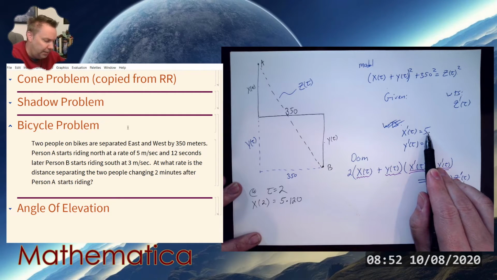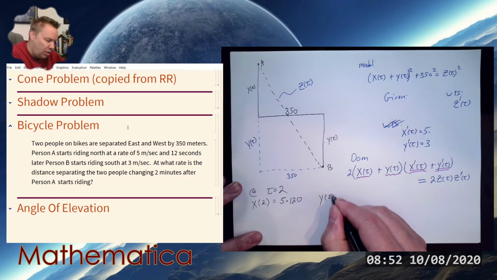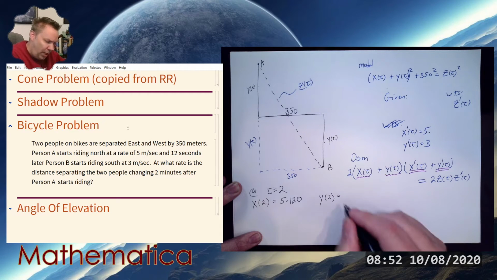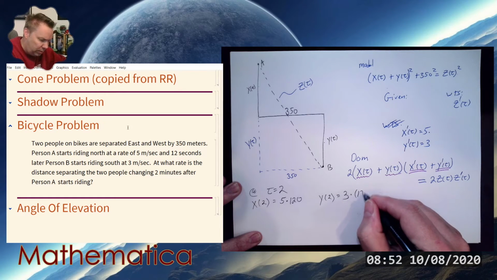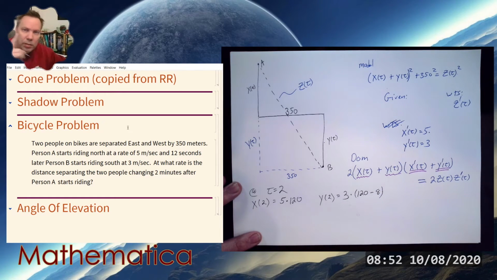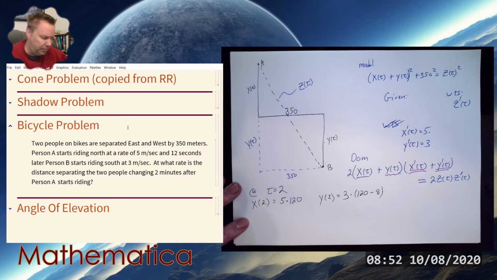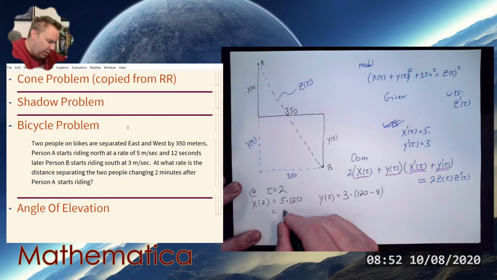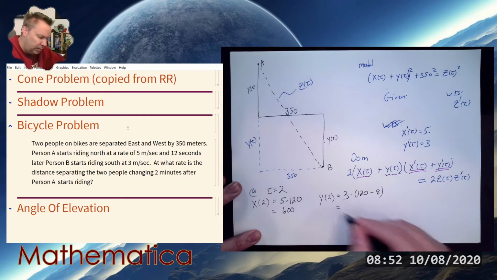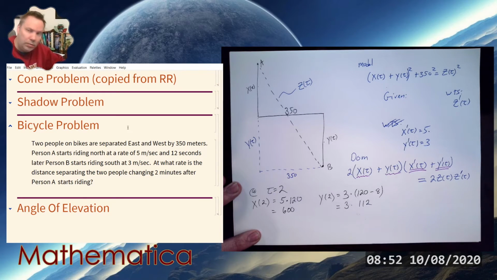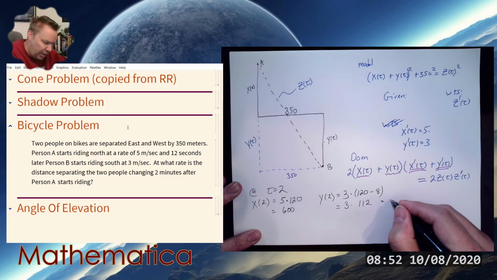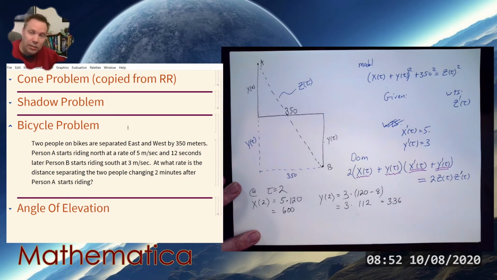That's 5 meters per second. y of 2, well, travels at 3 meters per second, but doesn't travel for 120, travels for 12 seconds less. So I wind up getting two numbers here. This is 600 meters, and this is 3 times what? 108, which looks like 324. And these are both in meters.